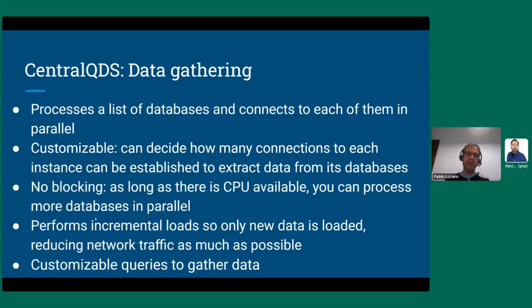If you consider that this data gathering is consuming too much CPU or putting too much pressure on each server, you may want to throttle it down so it can only connect to one database at a time on each server. Or if you're okay, you can just run it on all the databases on the same server at the same time.